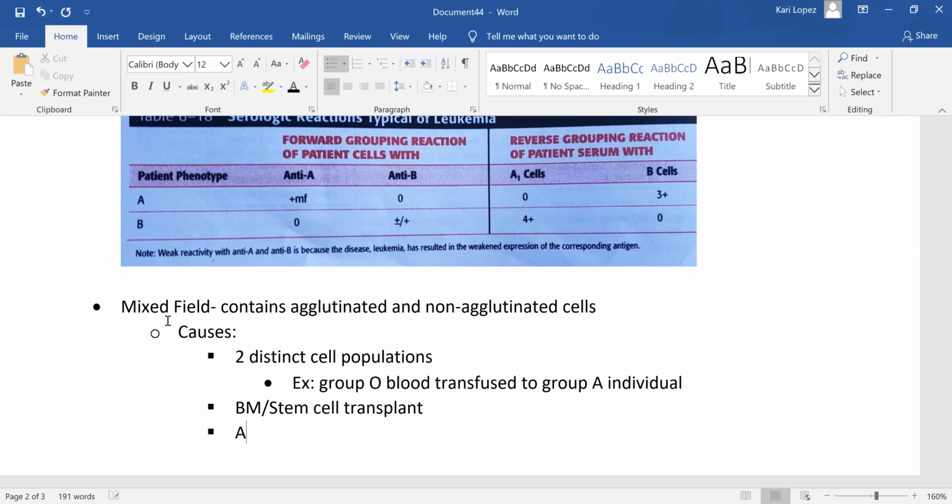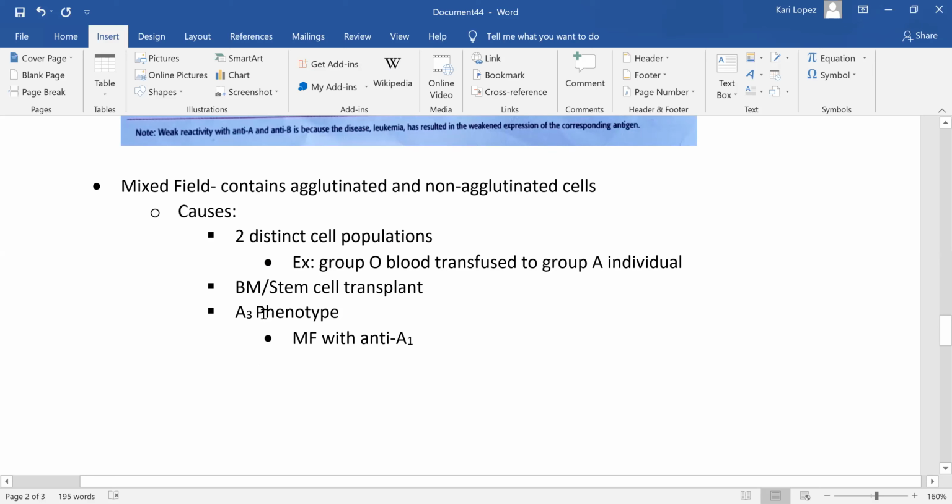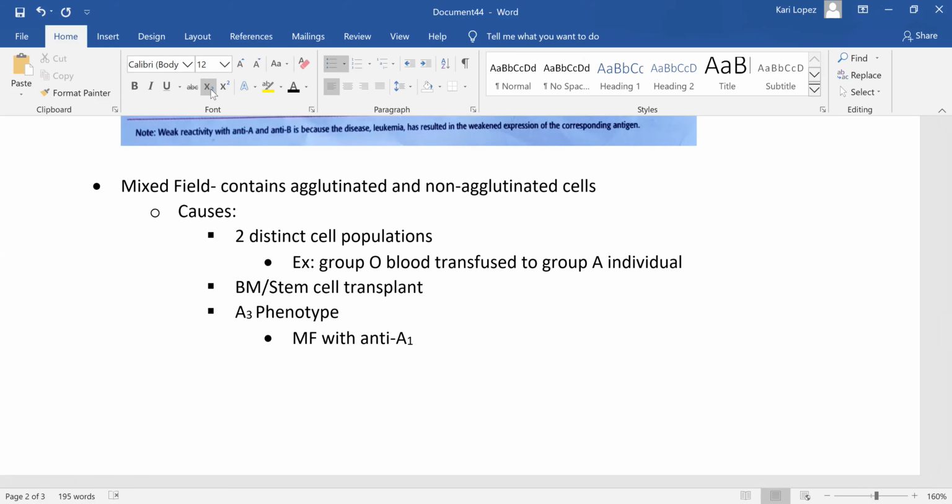It can be due to an A3 phenotype, in which case you would get mixed field with anti-A1 and with anti-AB.